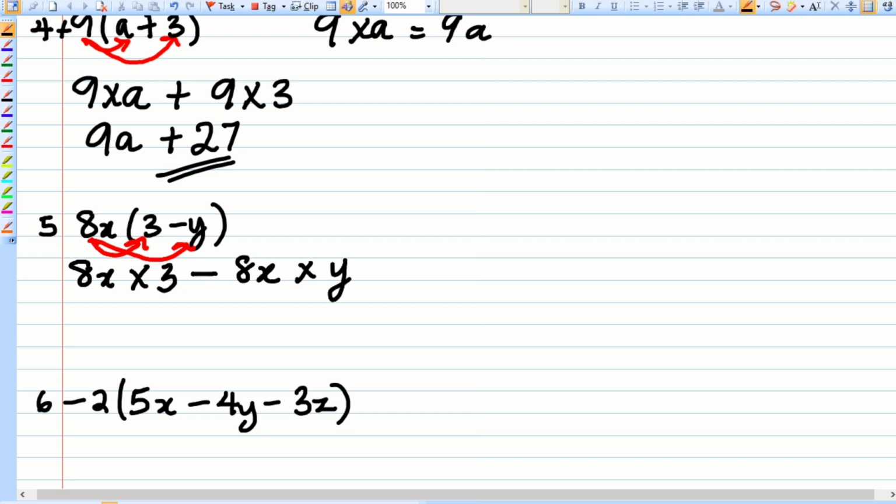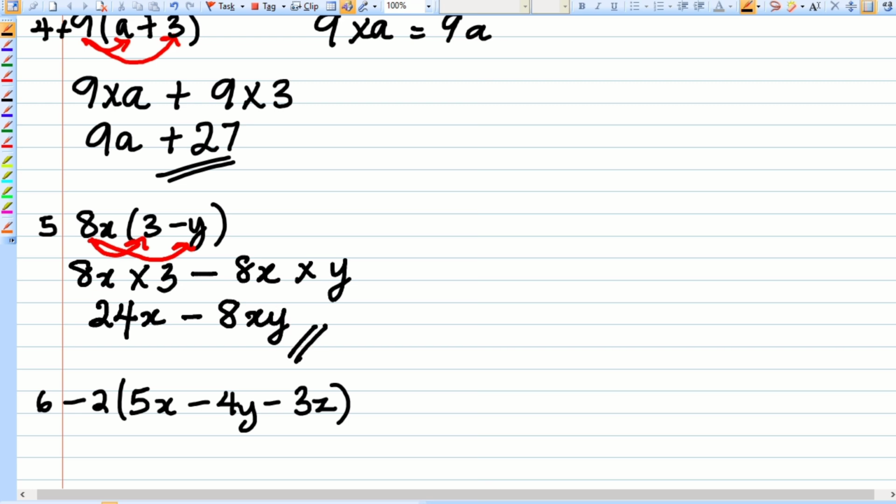Whenever you're multiplying an algebraic term with a number, just multiply the numbers first before you multiply with the algebraic term. The algebraic term here is x, so we have 8 times 3. We have that as 24. Then we just put our x, minus 8x times y. So we have 24x minus 8xy, and that's our final answer.